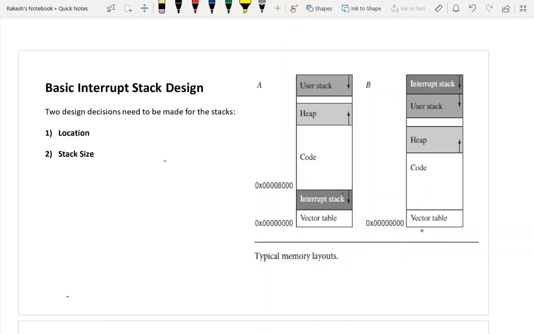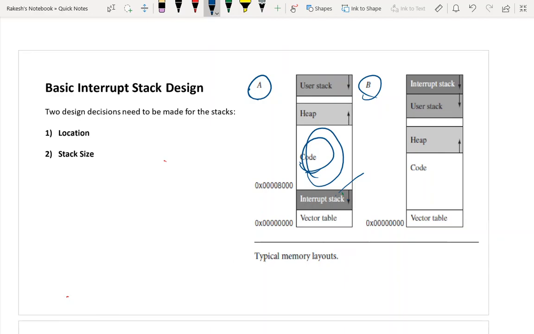The first layout is indicated as A, and the second layout is indicated as B. In the first layout, it's of course a very traditional stack layout with the interrupt stack stored underneath the code segment. Here you have it: this is an interrupt stack which is stored underneath the code segment.